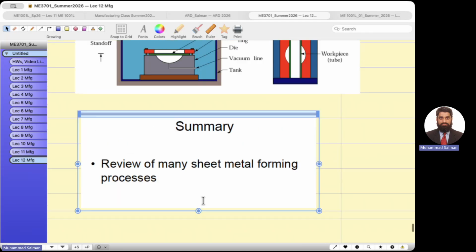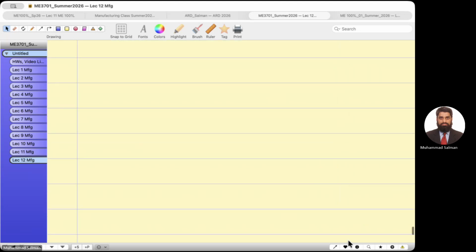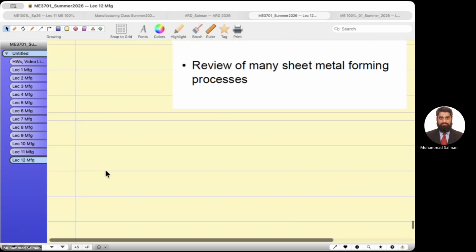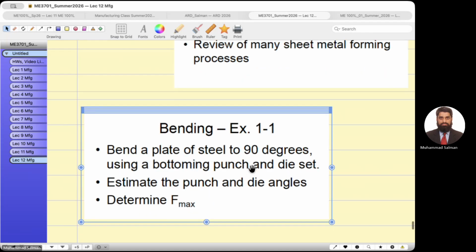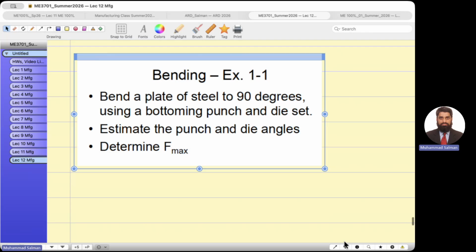So let's do one problem, okay? So let me start one problem here. Bend a metal plate of steel to 90 degrees using a bottoming punch die set.